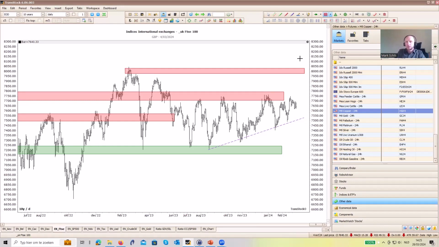So for the FTSE, the English shares, we still have some hurdles to take. It's important to look a few times a week whether the FTSE is able to cross over these really important resistance zones.